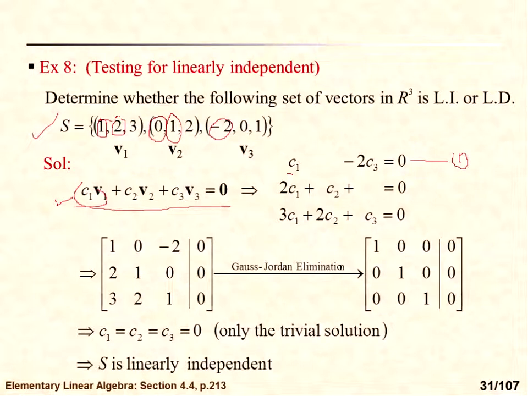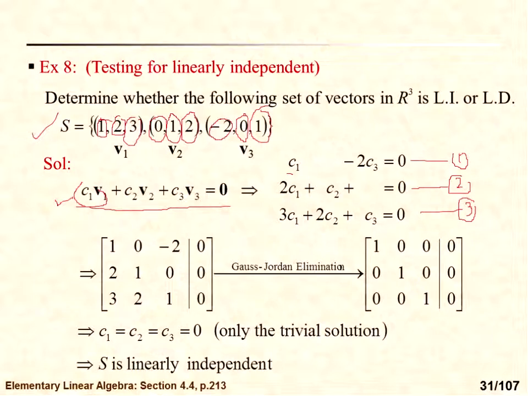Similarly, in the second element, c1 multiplied by 2, c2 multiplied by 1, and c3 multiplied by 0. We get equation number 2. Similarly, in the third element, c1 multiplied by 3, c2 multiplied by 2, and c3 multiplied by 1, and we get the third equation.